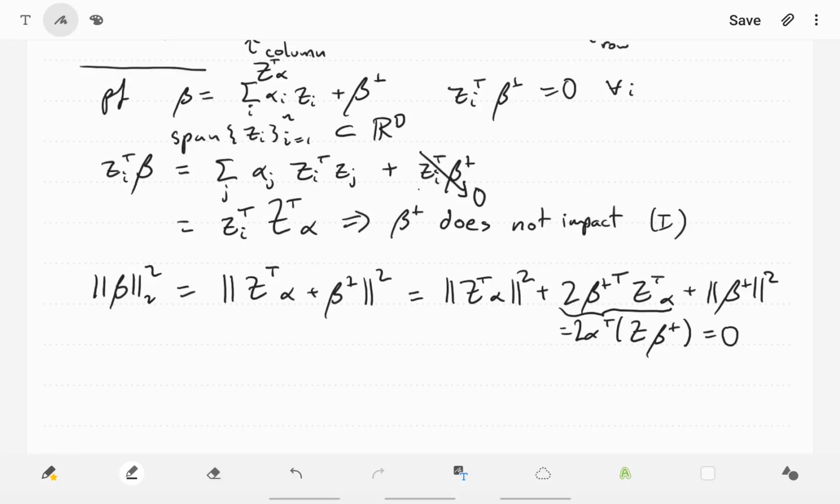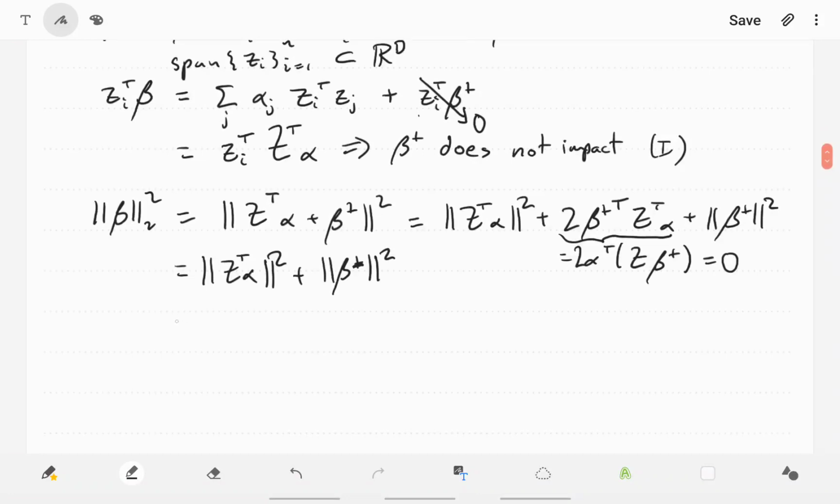So the remainder is the 2 norm squared of Z transpose alpha, plus the 2 norm squared of beta orthogonal.